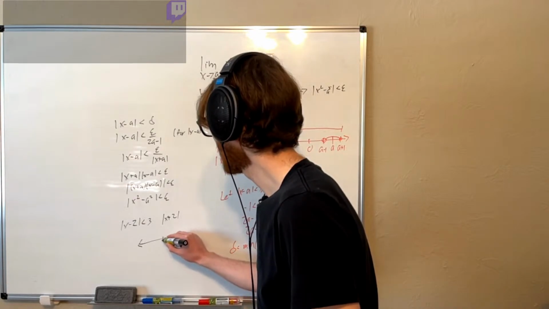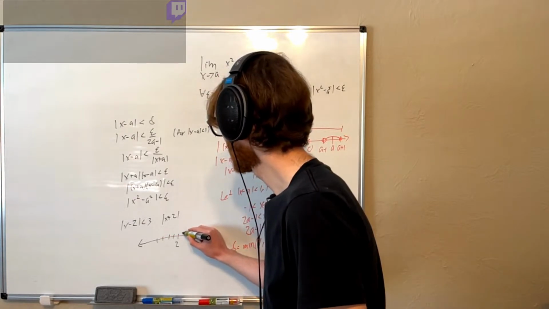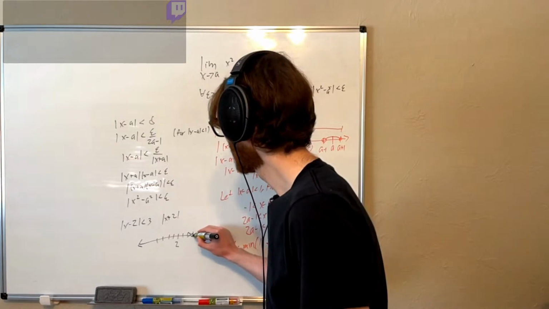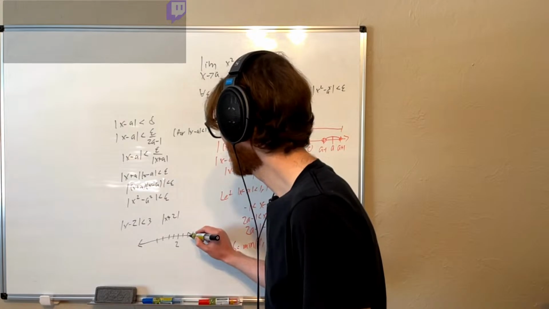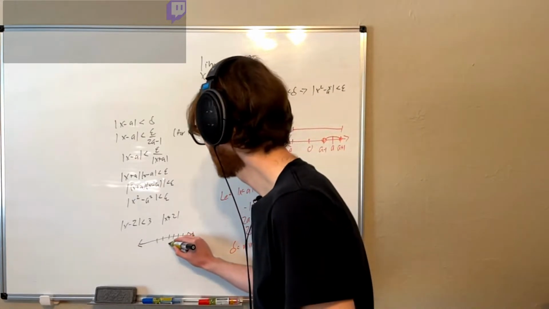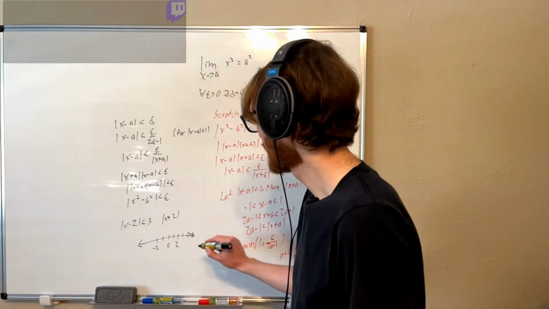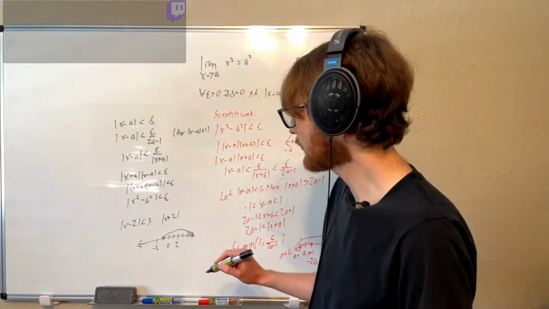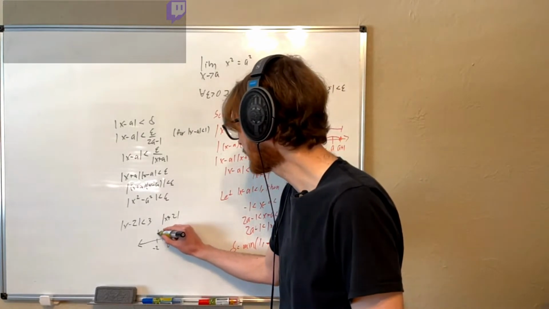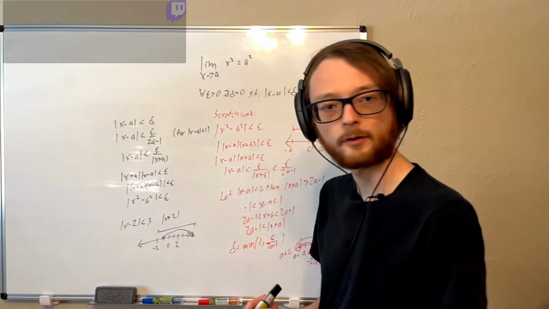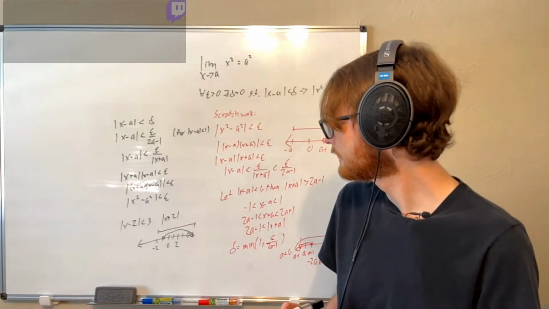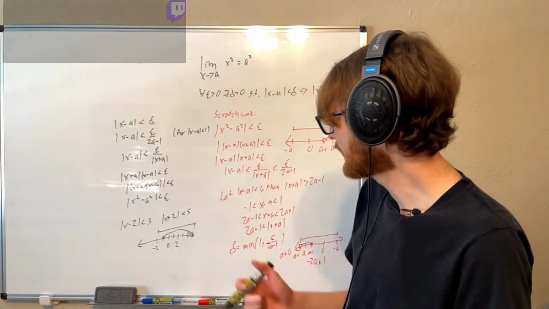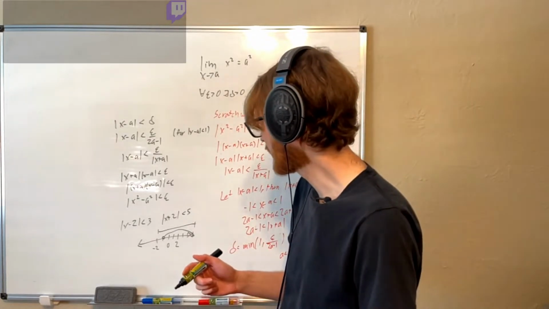One, 0, negative 1, negative 2, 3, 4, 5. So why can't you just go from negative 2 out to positive 5? I don't see why that doesn't work. You could say that x plus 2 is less than 5. But no, we wanted to find what it's greater than, right?